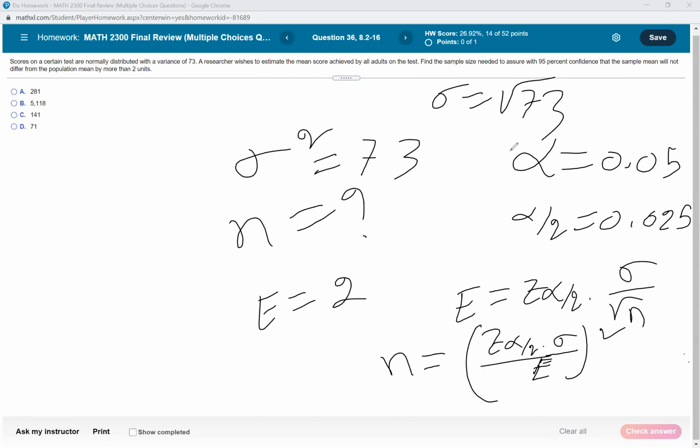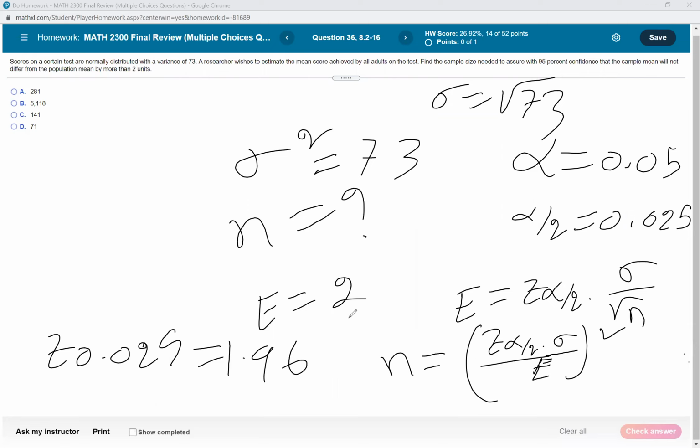Okay, so 1.96 squared times 73 divided by 4. Z 0.025 is 1.96, sigma is square root of 73 and e is 2.